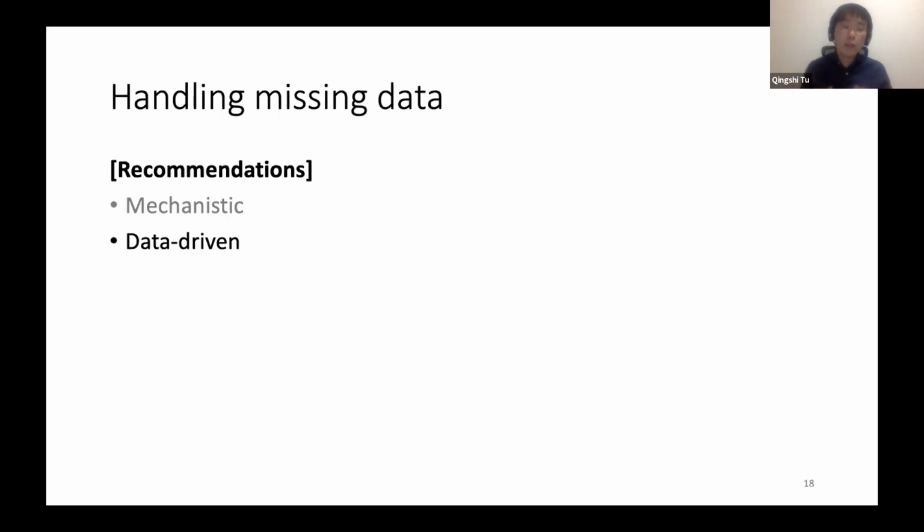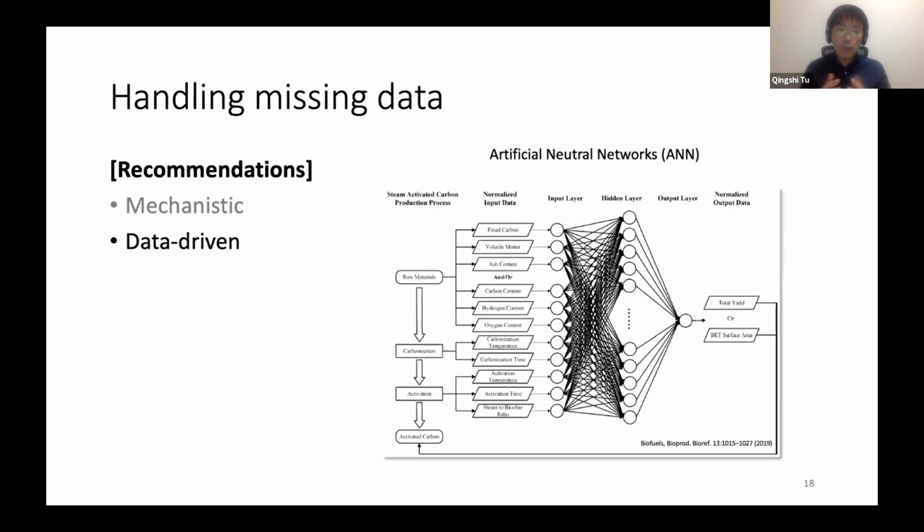So in this case, you can use what's called a data-driven approach, and in many cases, data-driven approach is based on correlation. The mechanistic approach is more based on causation, and the data-driven in many cases is based on correlation between two sets of data.